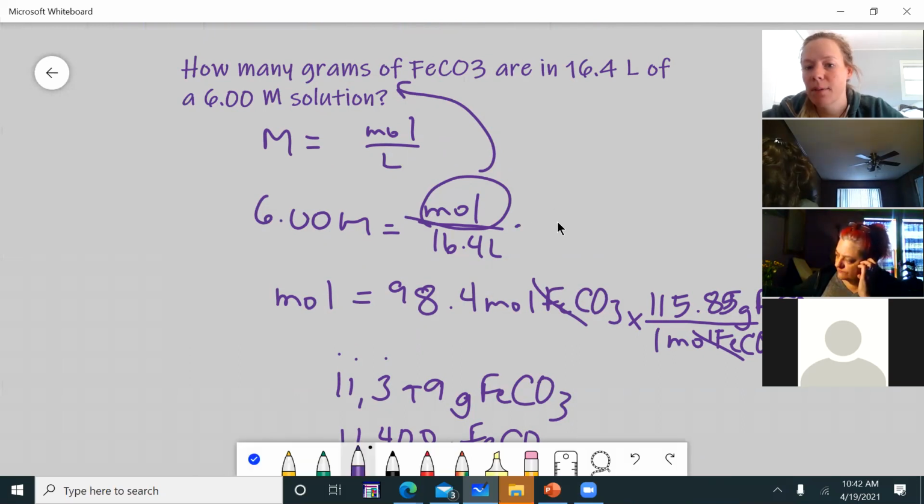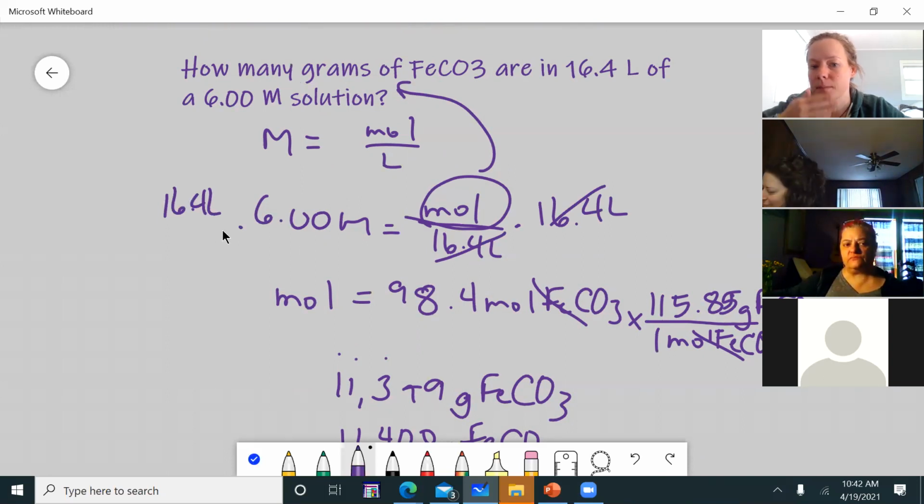I need to multiply this side by 16.4 liters so that the 16.4 goes away, and I multiply this side by 16.4 liters. Remember, the unit for molarity is mole over liter, right? Those 2 things are the same. So liter and liter will cancel and you'll be left with just a unit of a mole. So you're just multiplying them 2 together. Does that make a little more sense, Elizabeth?